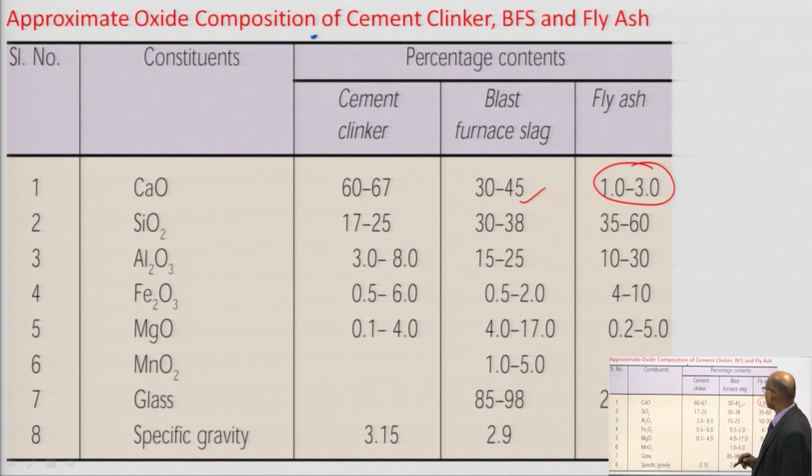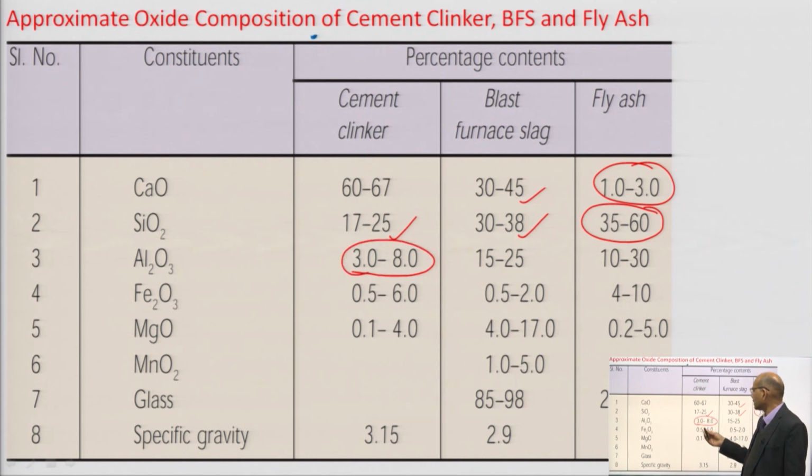If you see the SiO2, this content is around 20 to 25 in cement clinker and around 30 to 38 in blast furnace slag, and in fly ash this component is very high, around 35 to 60. If you consider the Al2O3, this component is 3 to 8%.